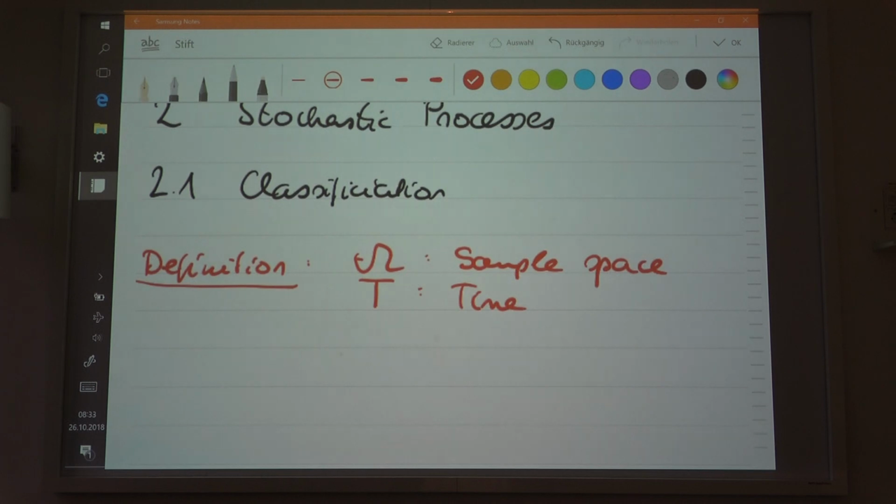So T is equal to capital Z, which means that we have the set of all integers, or typically we have the set of real numbers, so either one of the two. This is just representing the time without loss of generality, of course.